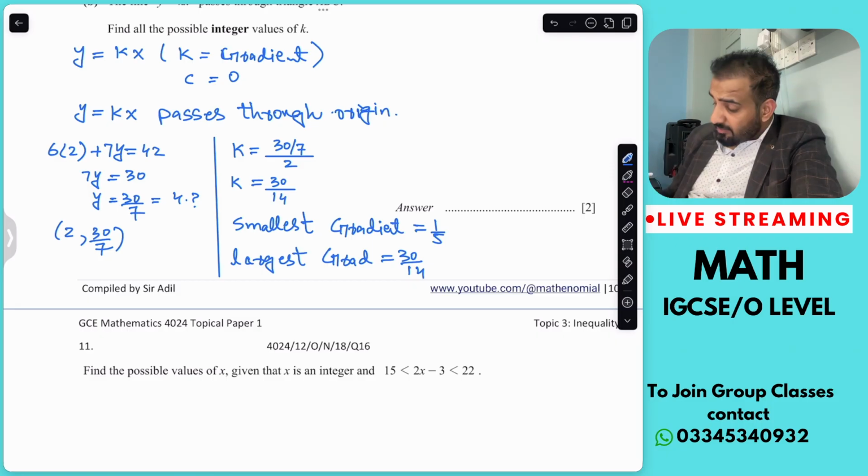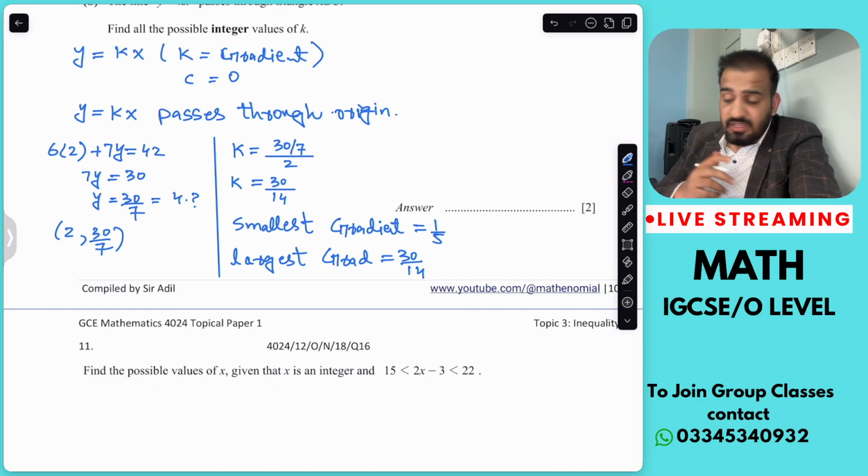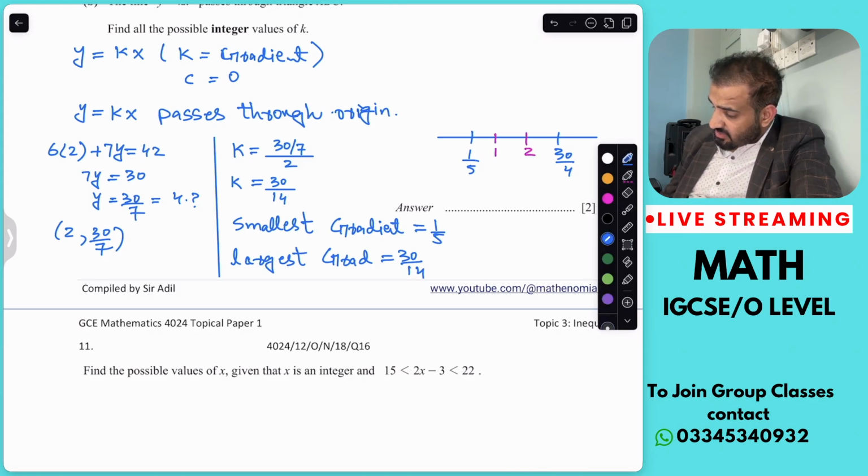So what are the possible integers between 1 over 5 and 30 over 14? If you draw this on a real line, it is so simple. 1 over 5 is there and 30 over 14 is 2 point something, so what are the integers between them? It is 1 and 2. That's it. So these are all the possibilities of k.